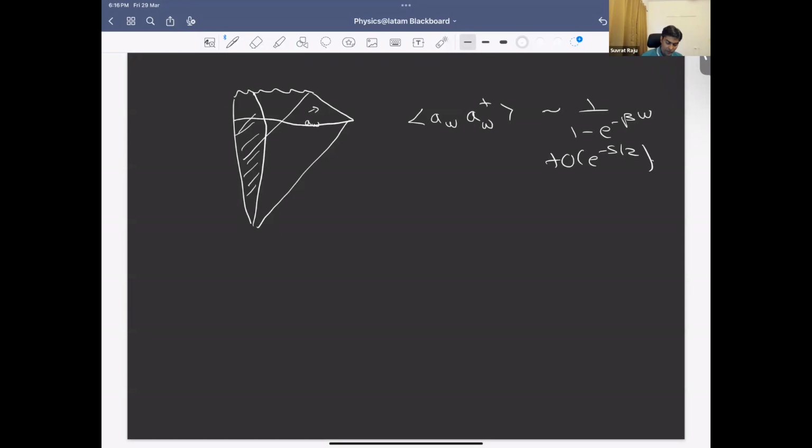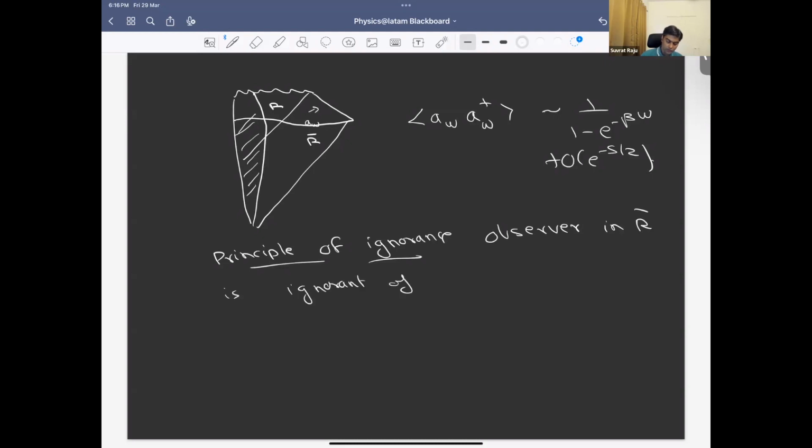The more sophisticated argument went as follows. It was what he called the principle of ignorance. He said, look, here's a region R and here's a region R bar. The principle of ignorance was the statement that the observer in R bar is ignorant of the state in R, except for the mass, charge and angular momentum.